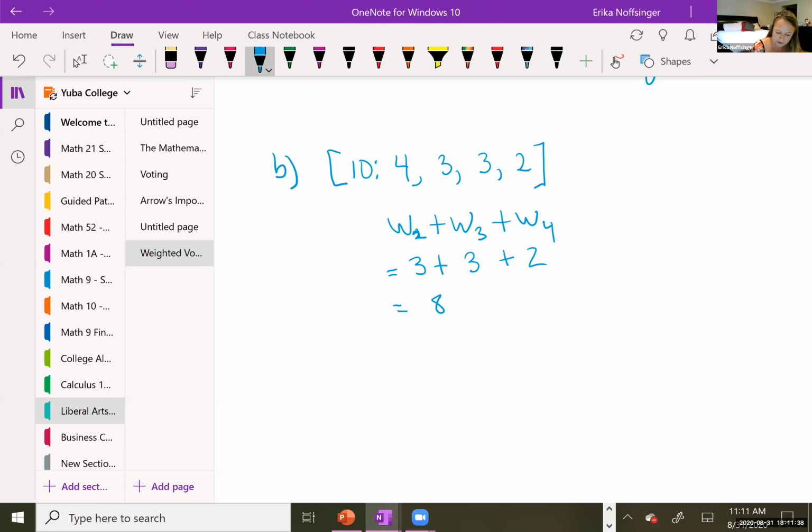So since player 1 is needed for the vote to pass, player 1 has veto power.